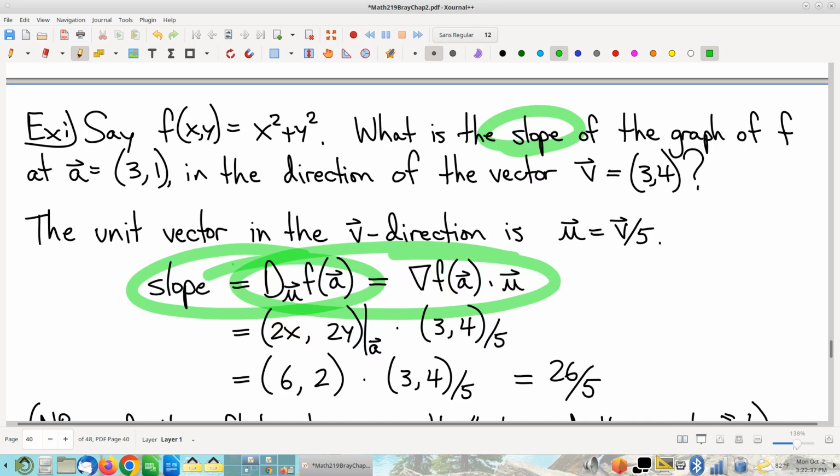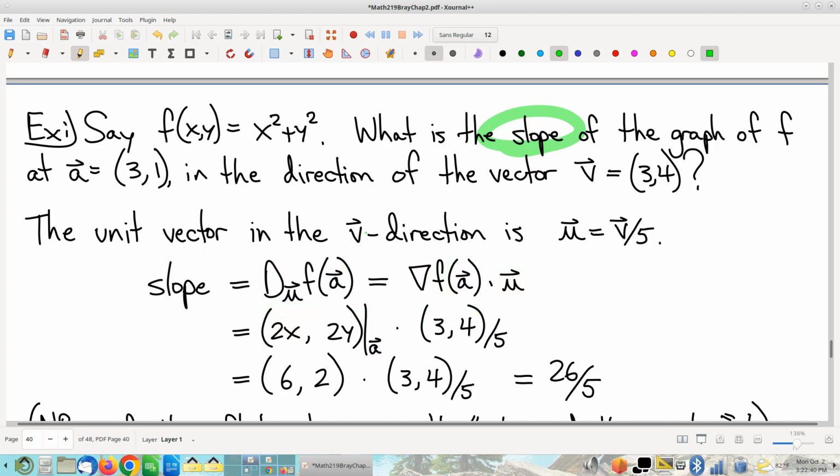One little subtlety on this question is that, no matter which camp you are in about what the definition should be, the slope requires that this be a unit vector. And notice we were not given a unit vector. We were given this vector 3, 4. I'm interested in the direction that vector points.